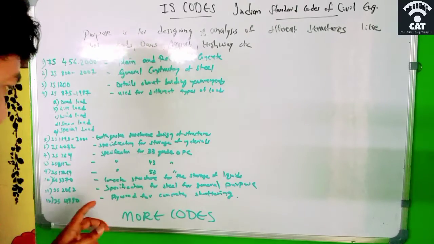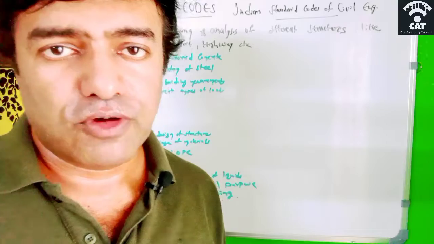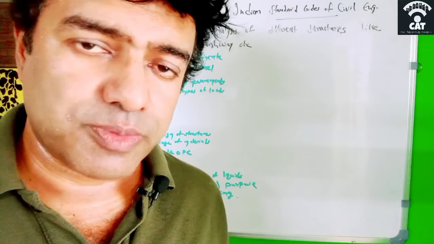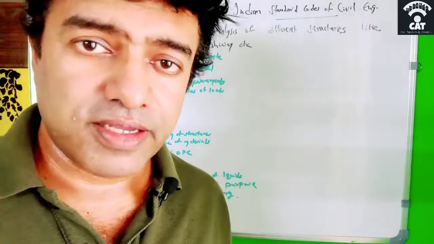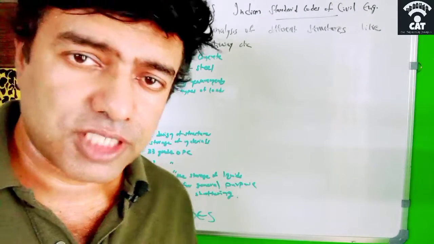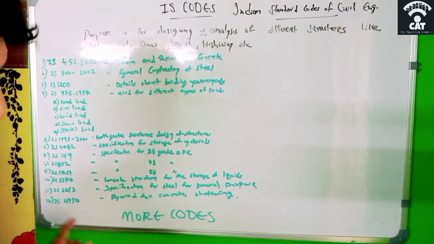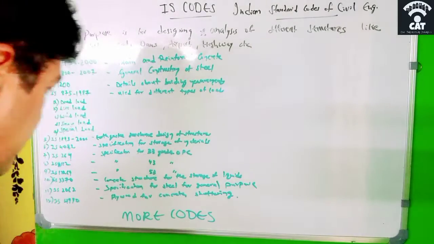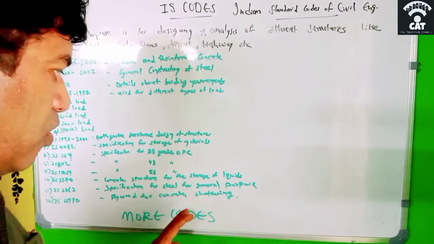Then IS 2062 deals with the specification of steel for general purpose: the properties of the steel we use for general purposes, especially the density, weight and volume. Then the last code that I am dealing with today is IS 4990, which deals with plywood for concrete shuttering.